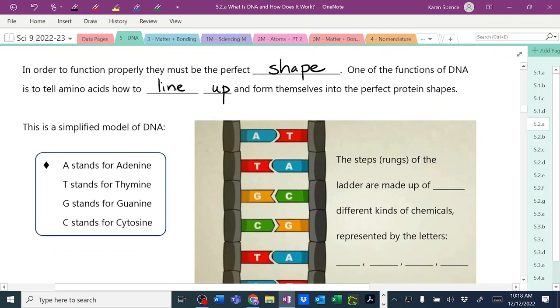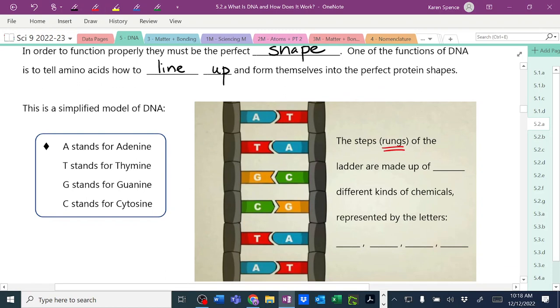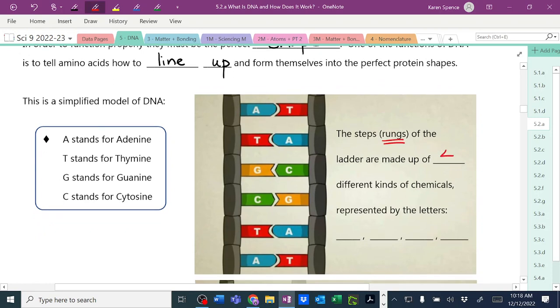And you can see that the steps of the ladder, remember the word for steps of the ladder, those are the rungs of the ladder, are made up of how many different types of chemicals? How many different ones do we have? We have 4. Yeah, 4. And they are represented by the letters A, T, G, and C.